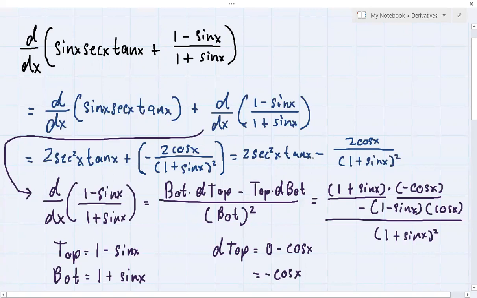Ayan na yung magiging sagot. The reason it became minus is because you have an addition operation and a subtraction operation. So, positive times negative is negative. Okay na 'to. Alright, this is your answer.